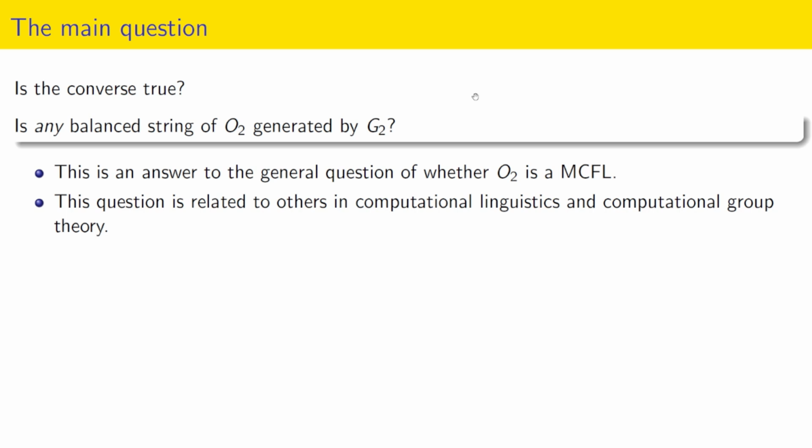And this question, I will skip a bit on how this question originated, but basically there are a number of extensions of context-free grammars conceived by both linguist theorists and algebraists. Interestingly, because there is a nice relationship between this type of grammars and the word problem in computational group theory.